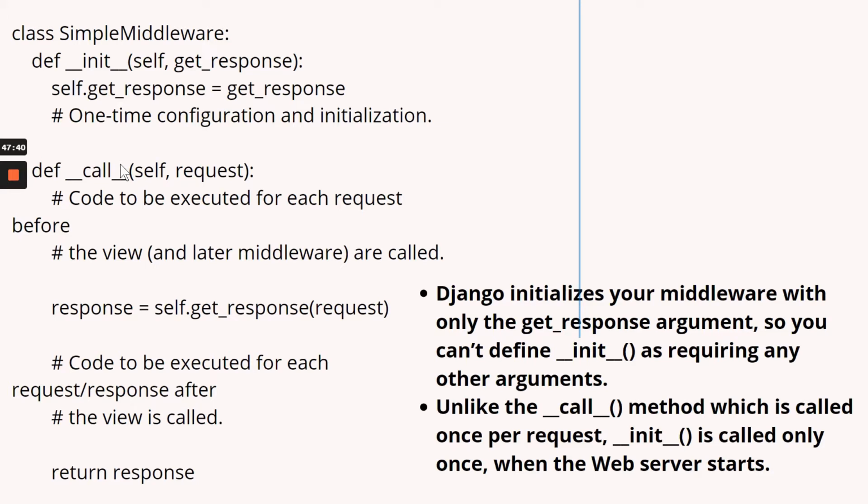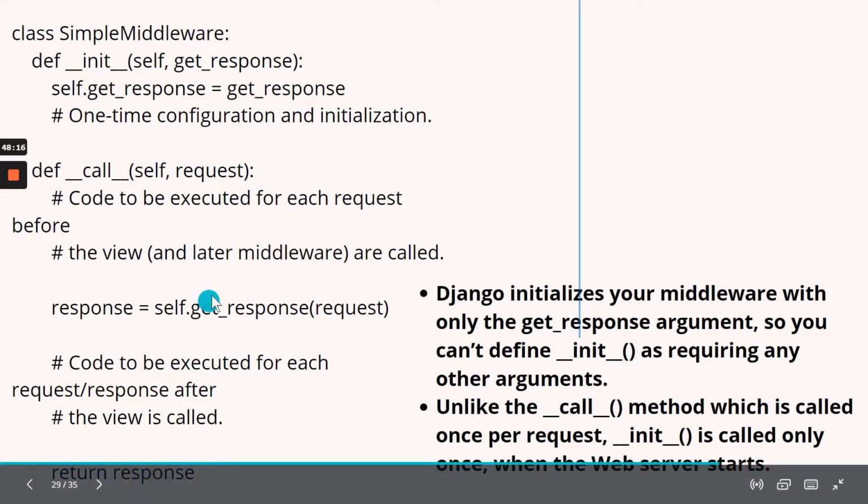So whenever you request any new URL, it will call this def call, and see here, the code before this get response is executed before the view, and the code after it is executed after the view. We are simply returning the response.